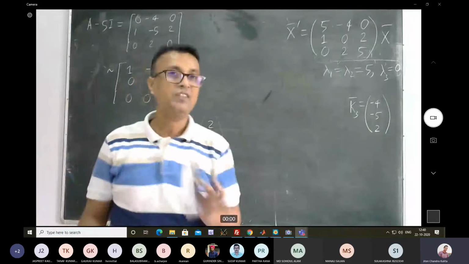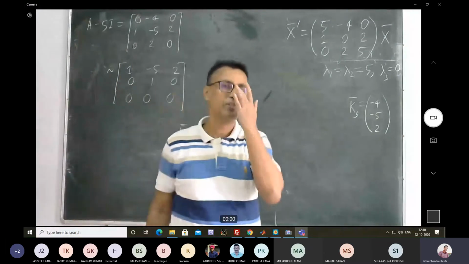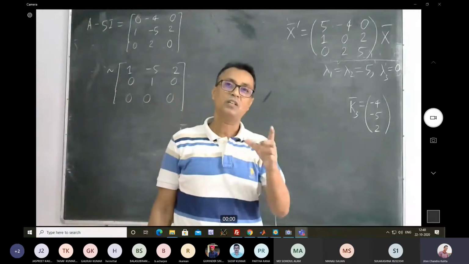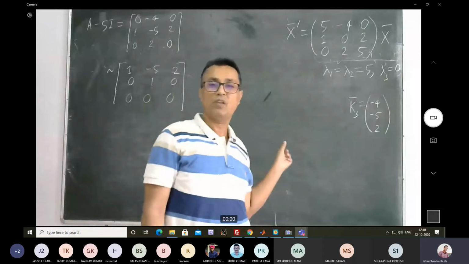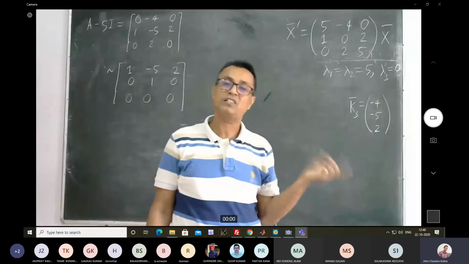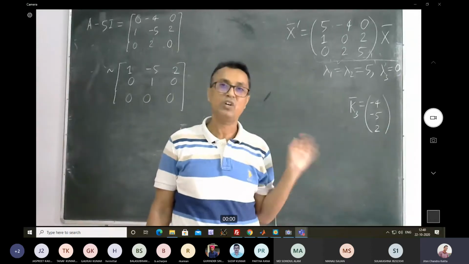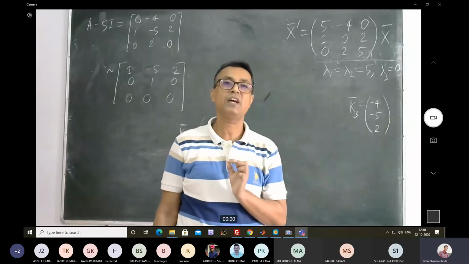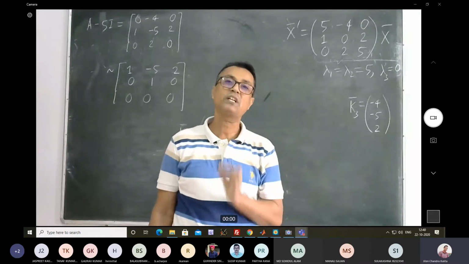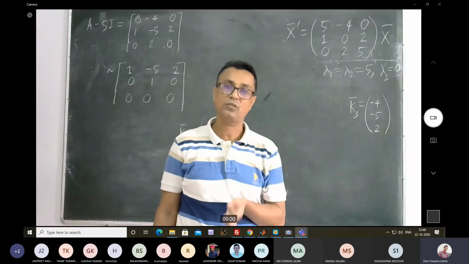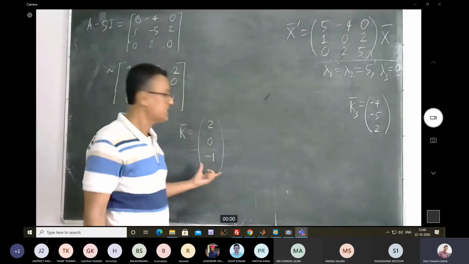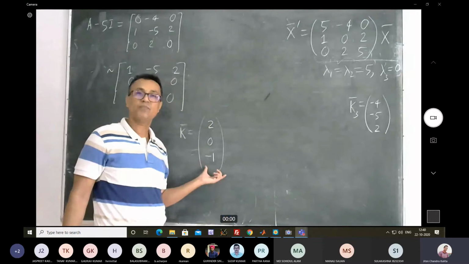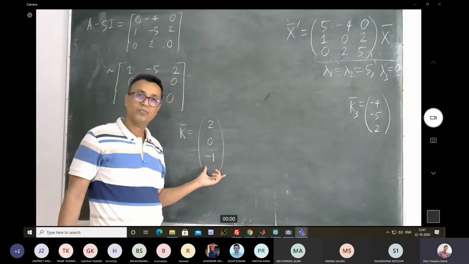Just tell me whether you have been able to appreciate the difference between the earlier problem and this particular problem. See, the earlier problem also had repeated roots, but fortunately, corresponding to an eigenvalue of multiplicity 2, we were able to find exactly two linearly independent eigenvectors, right? But here I am left with only one, right?